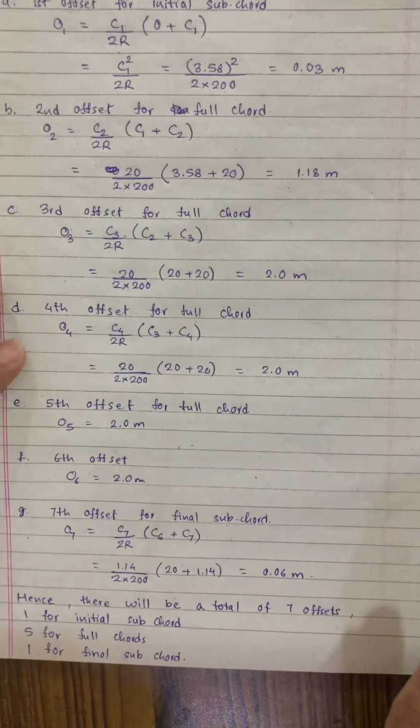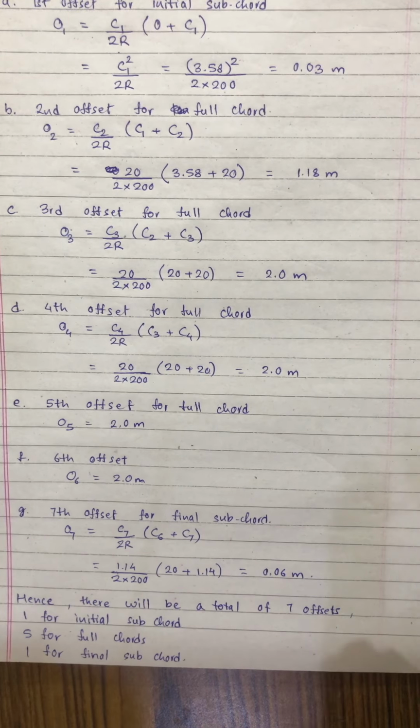So this is how you determine the offsets from the chord produced method.